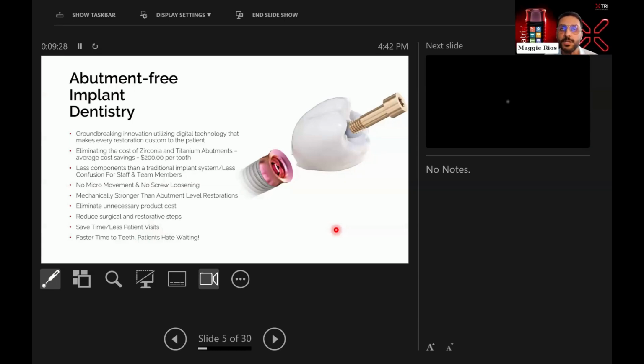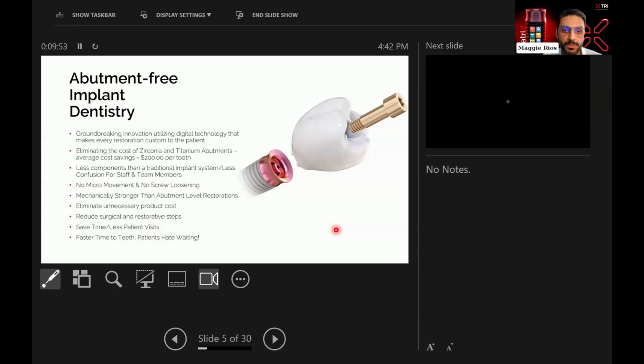But what can abutment-free implant dentistry bring me? Obviously, this groundbreaking technology that enables us to now deliver implants to patients with no abutment is really the game changer. Eliminating the cost of whether it's a zirconia or a titanium abutment. We all know how costly that is.